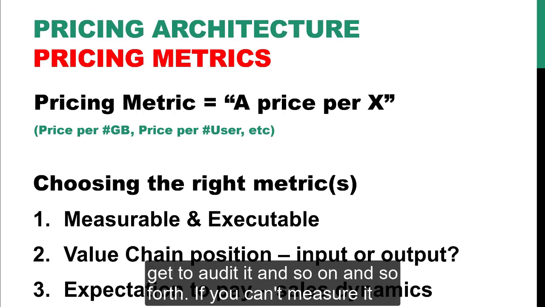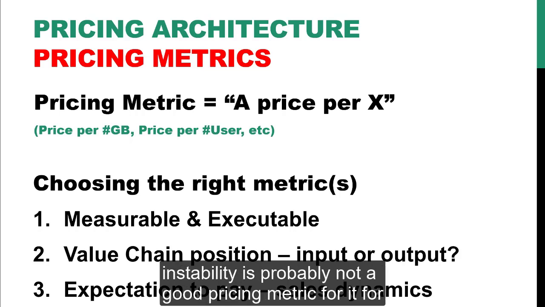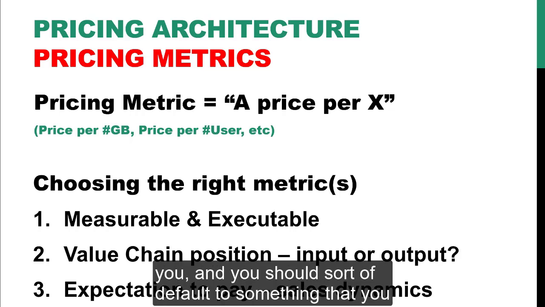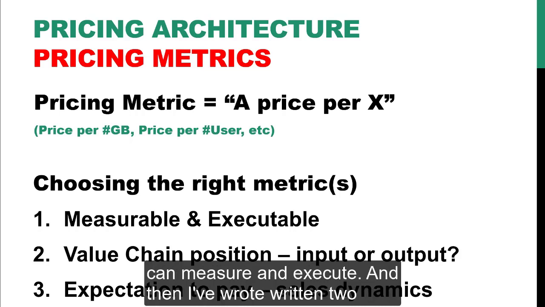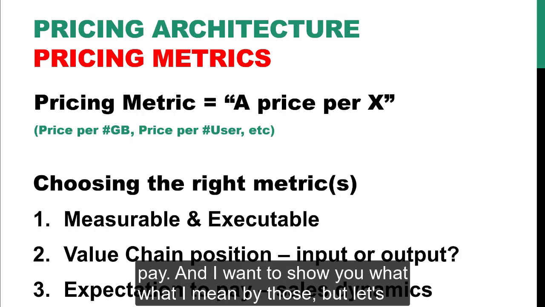If you can't measure it well and you can't execute it well, or with some sort of instability, it's probably not a good pricing metric for you, and you should default to something that you can measure and execute. And then I've written two things here as well: value chain position and expectation to pay. And I want to show you what I mean by those.